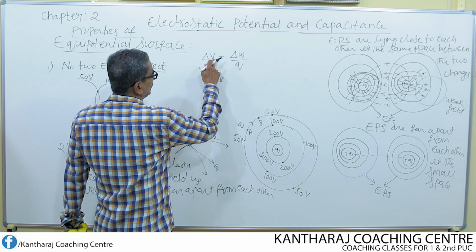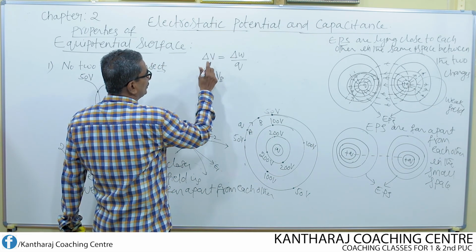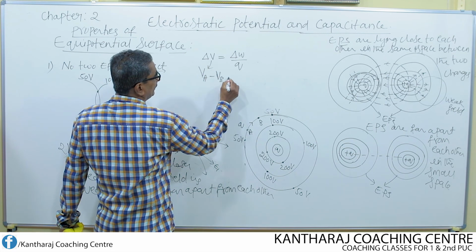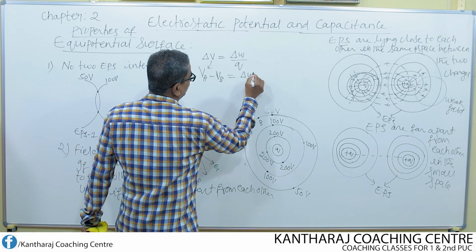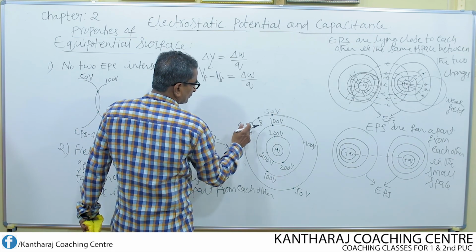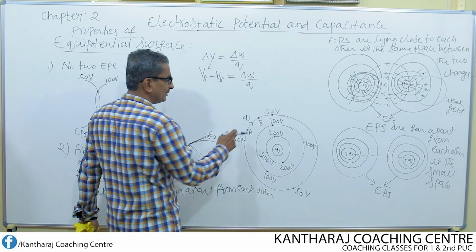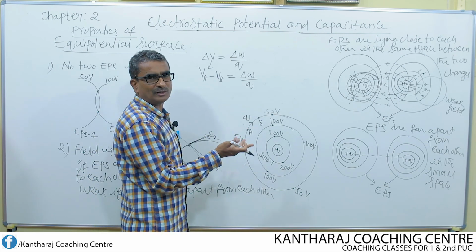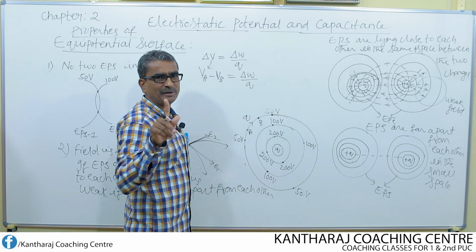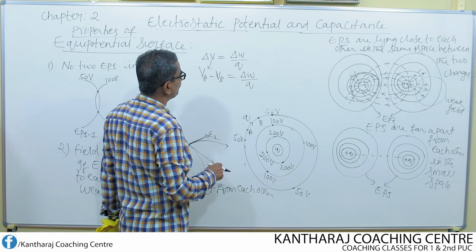So delta V is the potential difference, which is equal to VA minus VB, which is equal to delta W divided by Q. So I am shifting a charge Q. It may be of any magnitude, 2 coulomb, 1 coulomb, 5 microcoulomb, 10 microcoulomb, or even unit charge, that means 1 coulomb of charge.